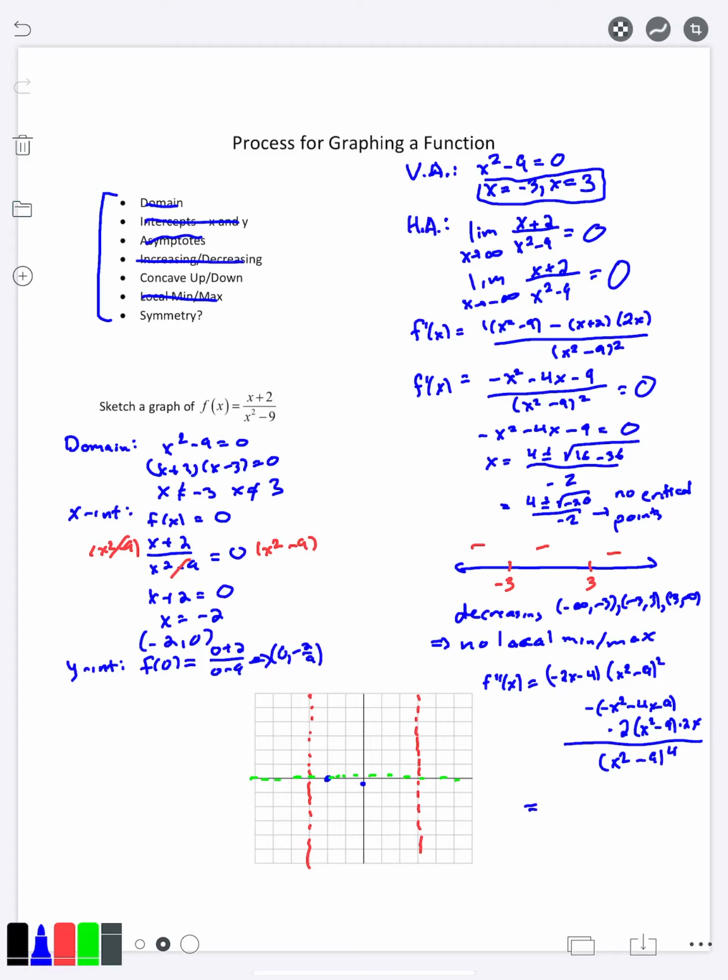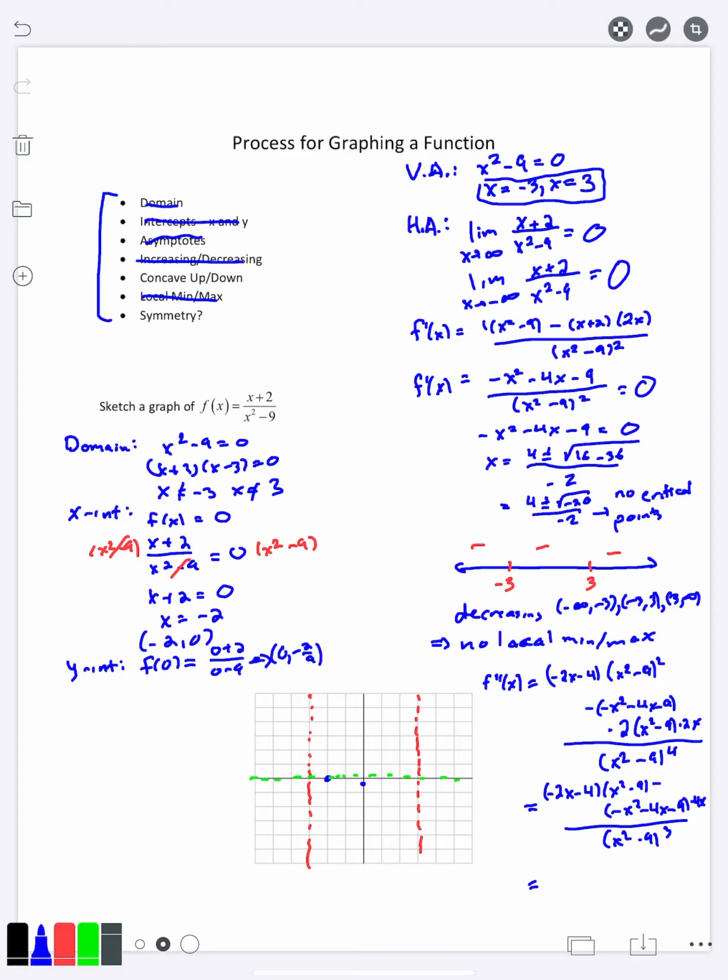And then there's going to be some fun algebra here. Turns out everything has an x squared minus 9 in common, so I can cancel one x squared minus 9. Minus 2x minus 4, one x squared minus 9, minus negative x squared minus 4x minus 9 times 4x over x squared minus 9 cubed.